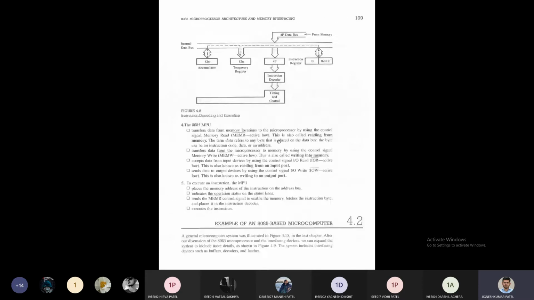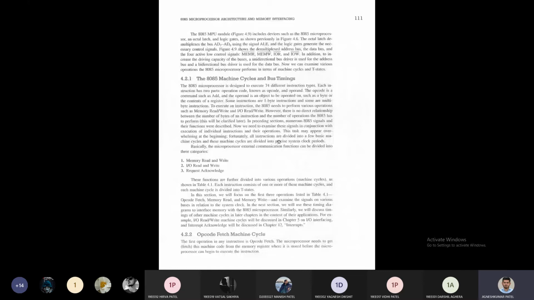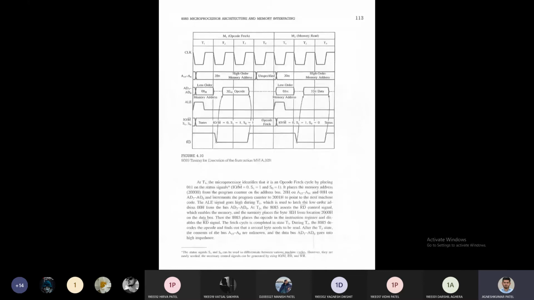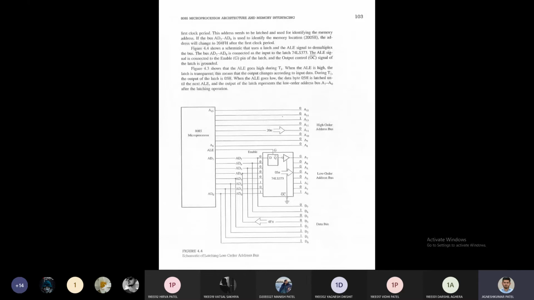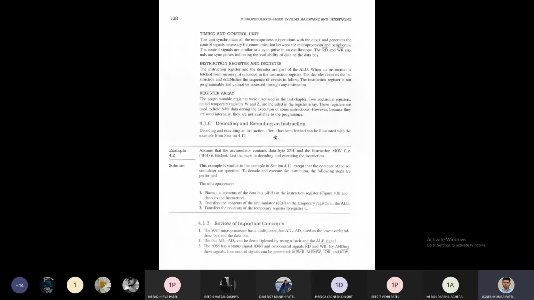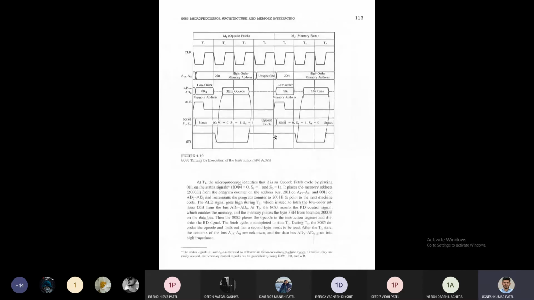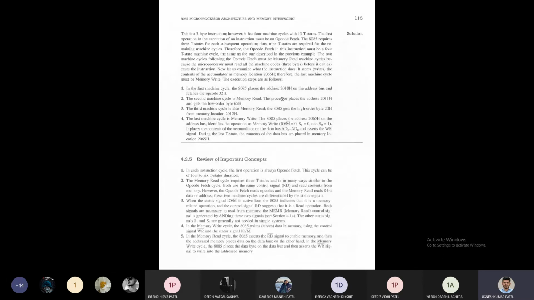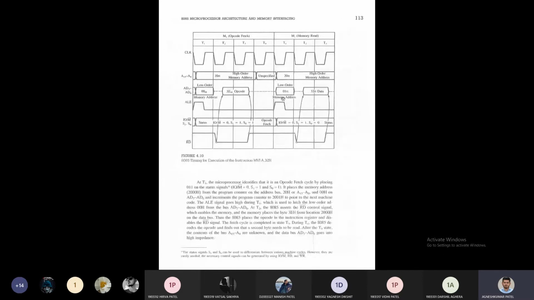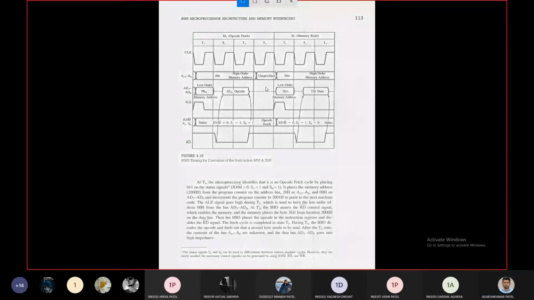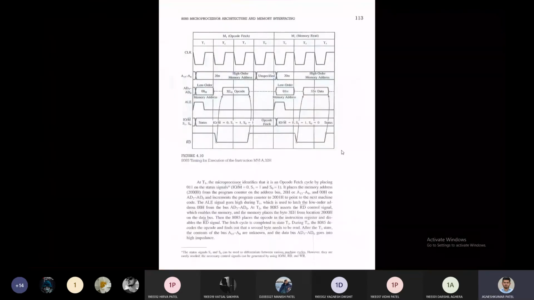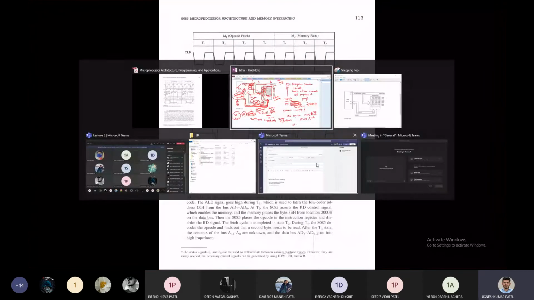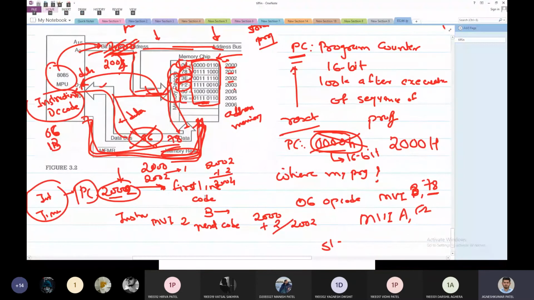Okay, so now the main parts are covered. Now let's move to this diagram. This is a very good diagram. This figure is known as the timing diagram of an instruction, or the timing diagram of any instruction is this.